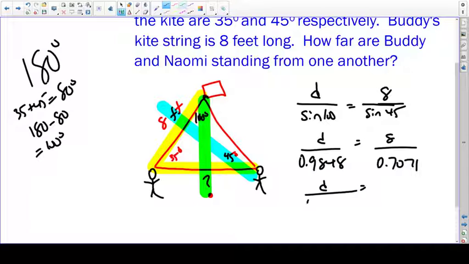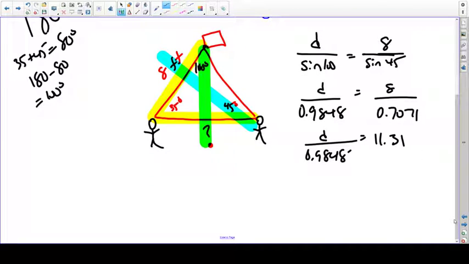And when we do that, we get 11.31. I'm going to cut that off. I have all the digits on my calculator yet, and then we're going to cross multiply and multiply 11.31 by 0.9848.